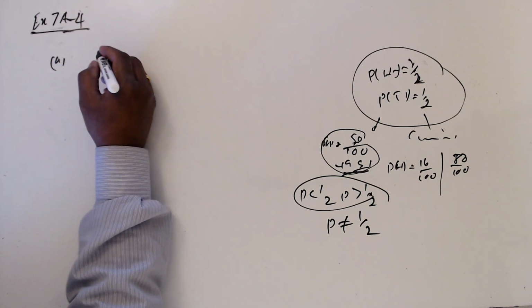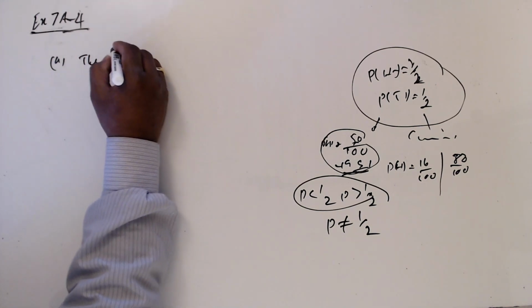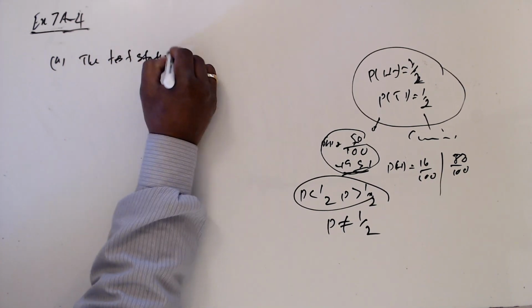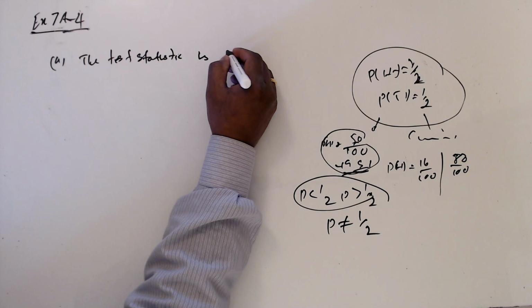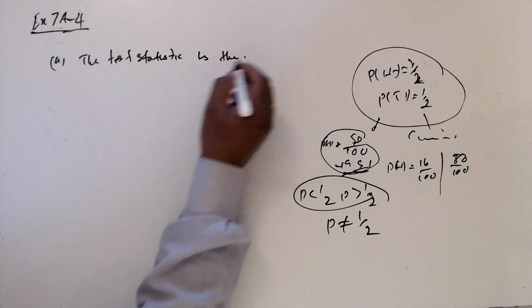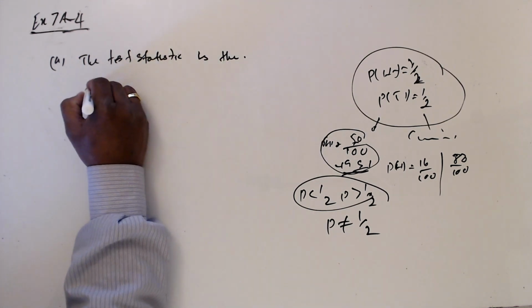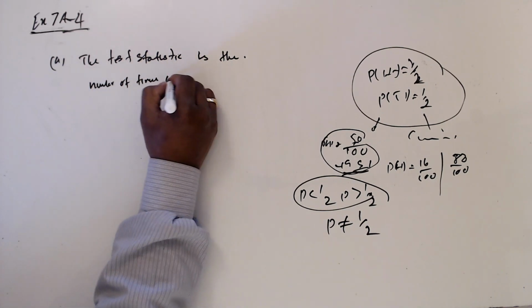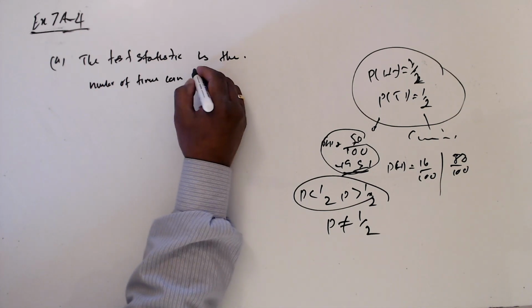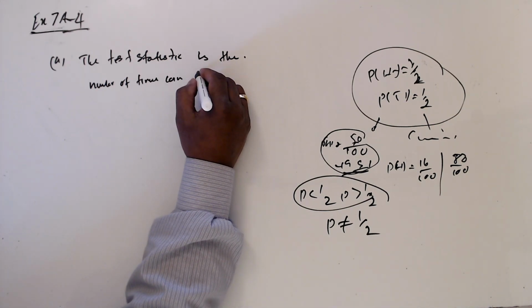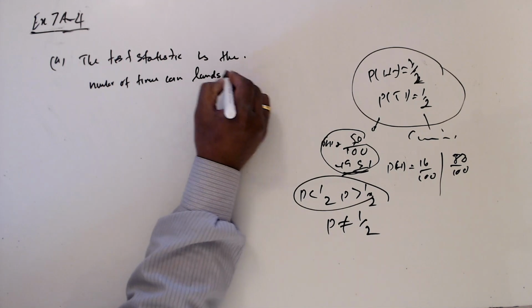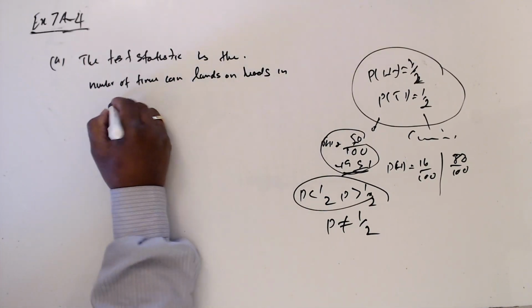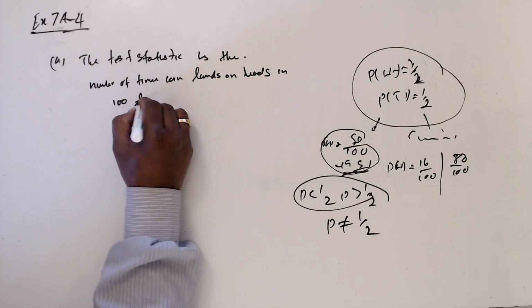So the test statistic is the number of times the coin lands on heads in 100 trials.